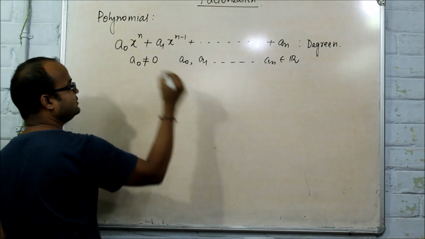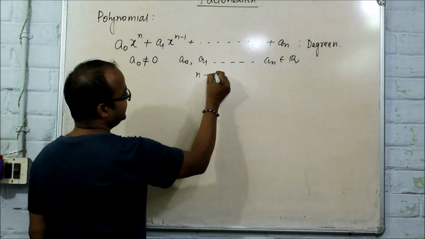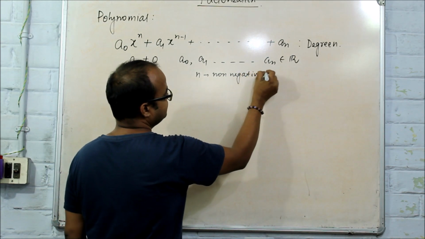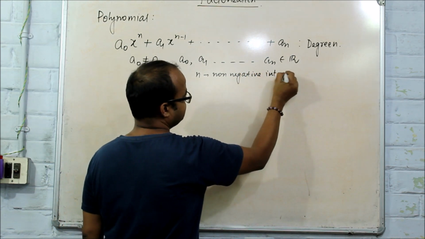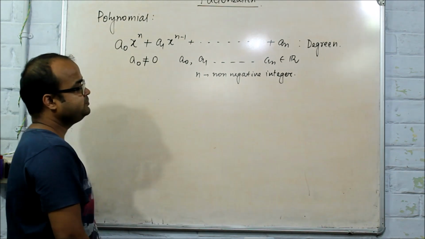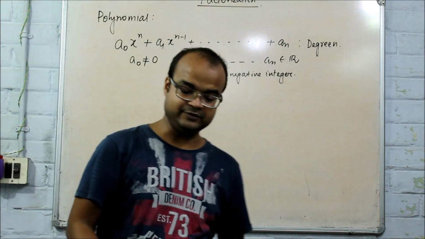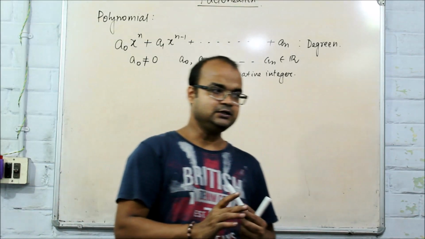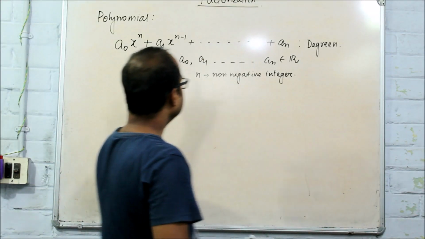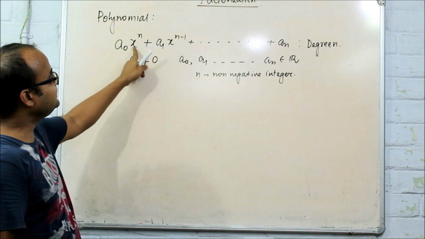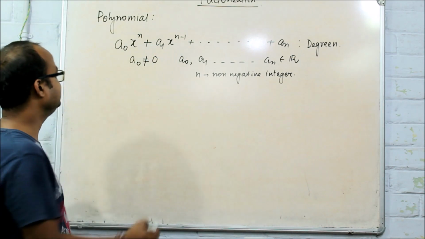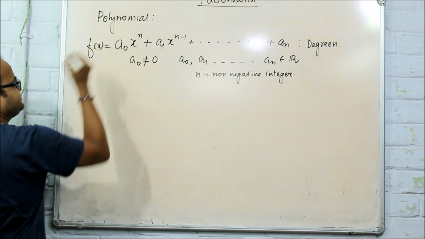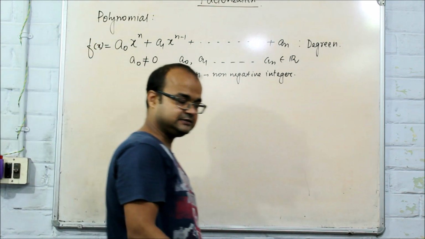And what about n? n must be a non-negative integer. So this is called a polynomial. Generally in maths, this is a polynomial containing the variable x, so we represent it as f of x.